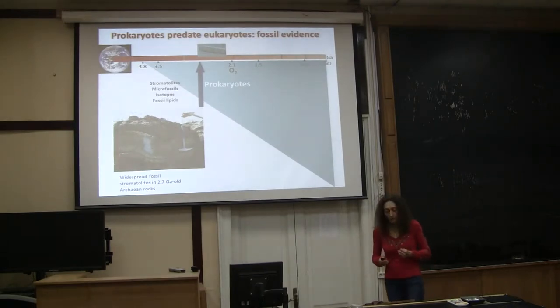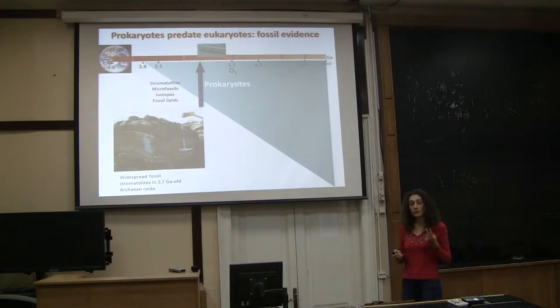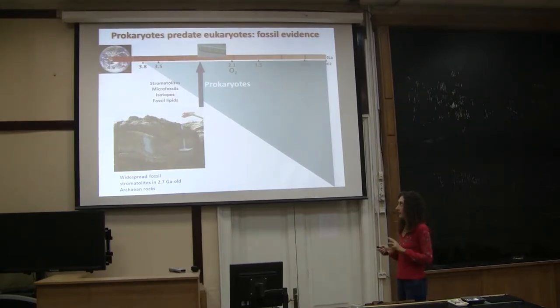Now we have another third observation that is also important, and it is that prokaryotes, Archaea and bacteria, predate eukaryotes in time. There are two types of evidence for this. One is the fossil record. Even if the very ancient fossil record is more or less doubtful, we know that we have fossil stromatolites dating back at least 3.4 billion years ago, and at 2.7 they were really widespread and massive.